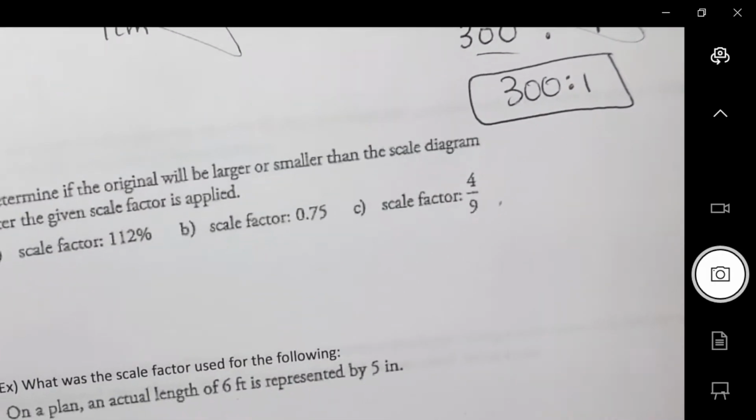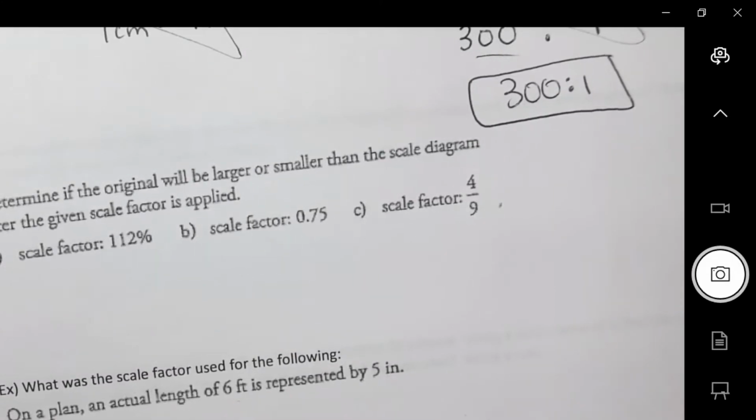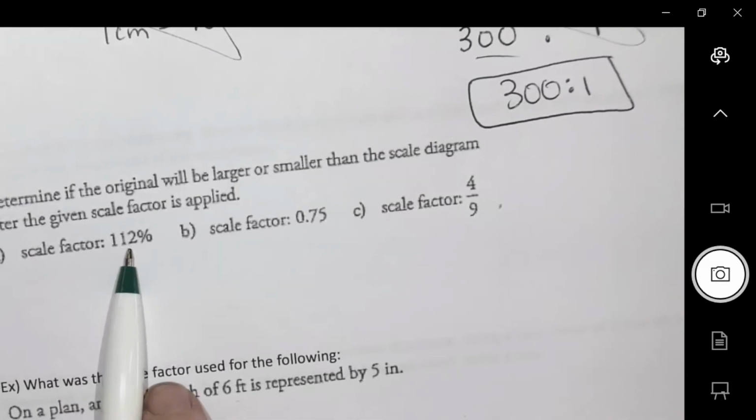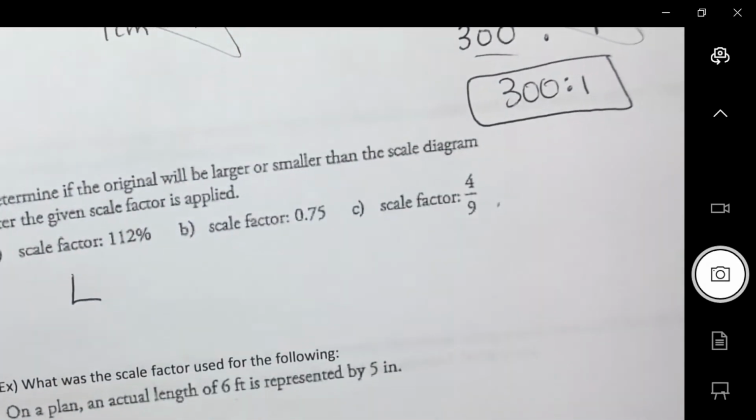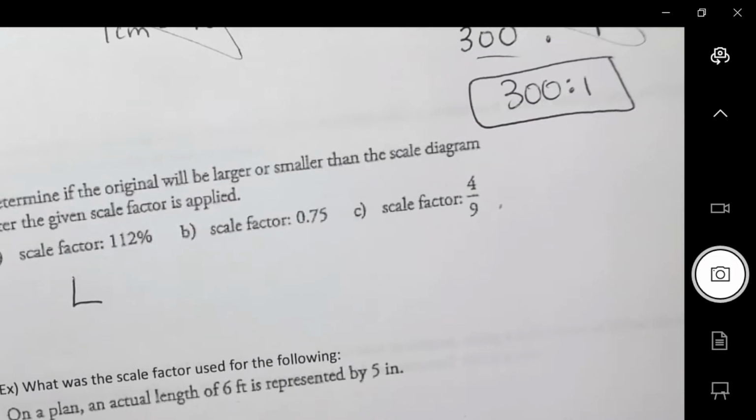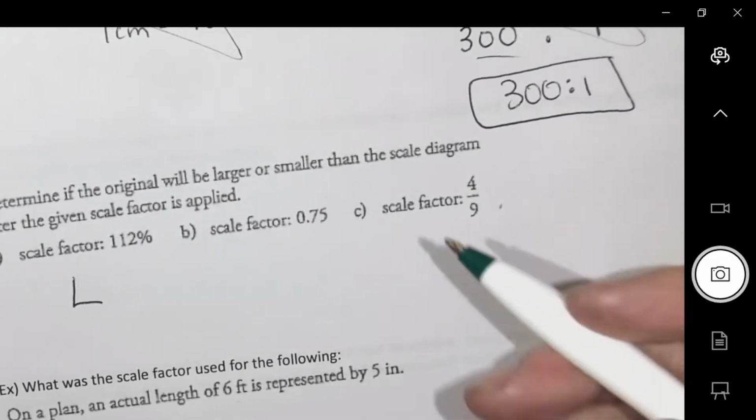Okay, if I ever had just a scale factor, is this telling me I'm going to enlarge or reduce something? So if I told you I'm going to make something 112% its original size, would it get bigger or smaller? It would get larger, right? 112% makes something go over 100% its original.